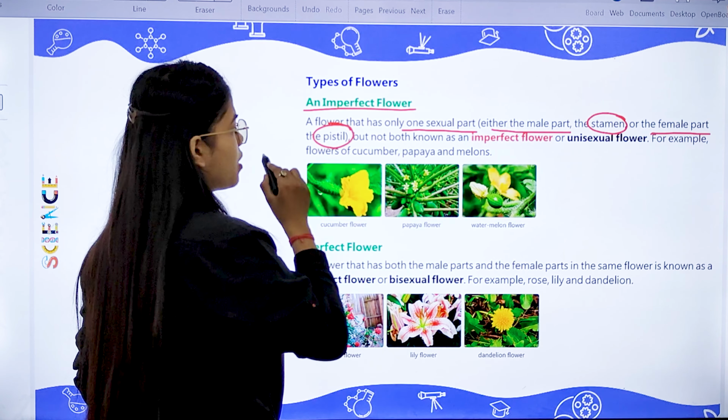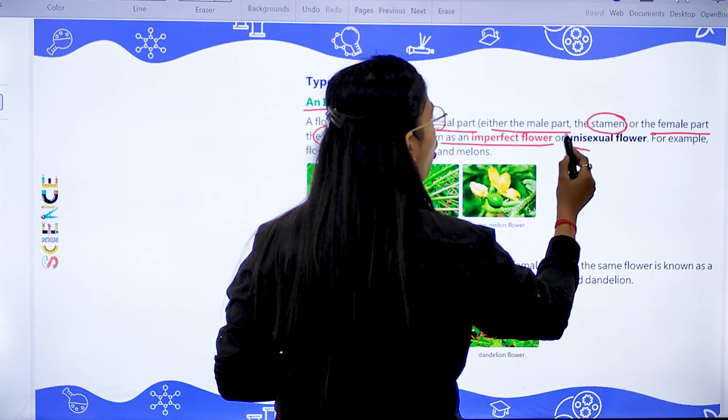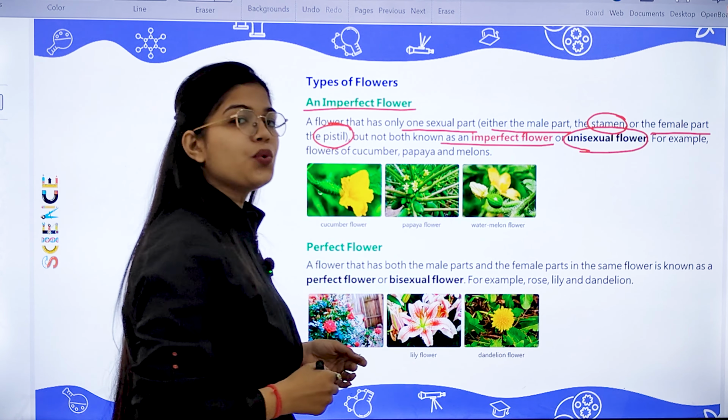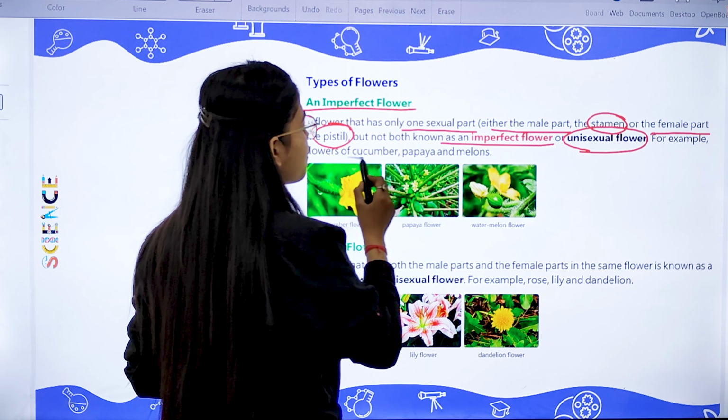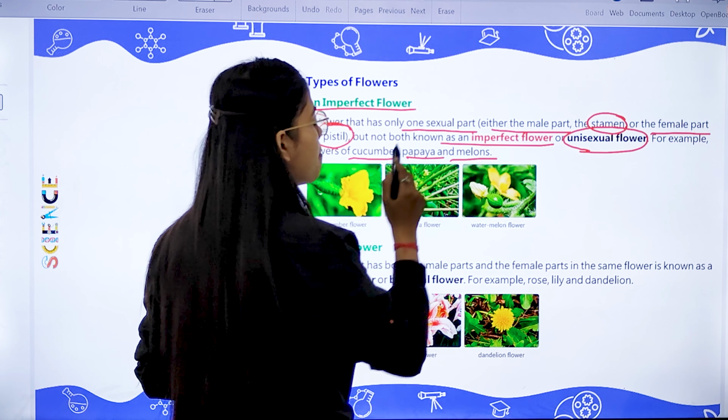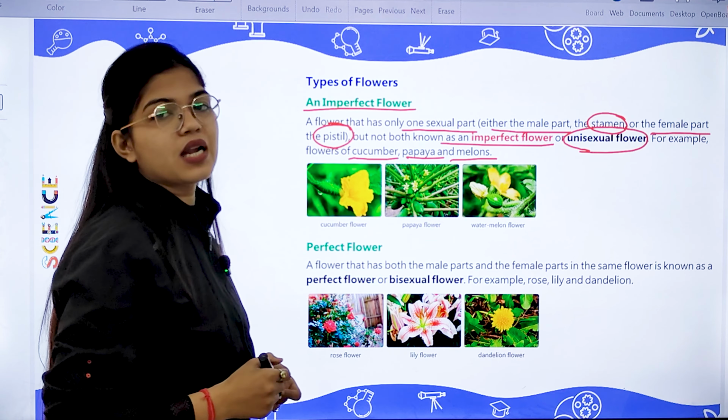This type of flower is known as an imperfect flower, or we also call it a unisexual flower. For example, the flowers of cucumber, papaya, and melons are unisexual or imperfect flowers.